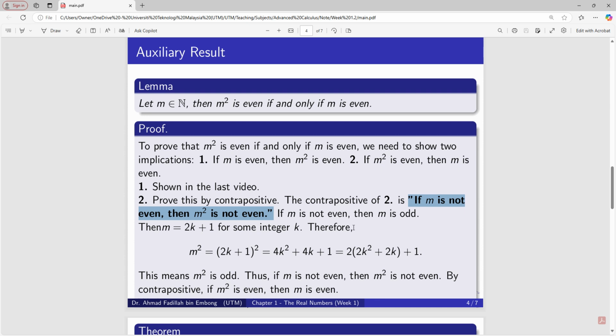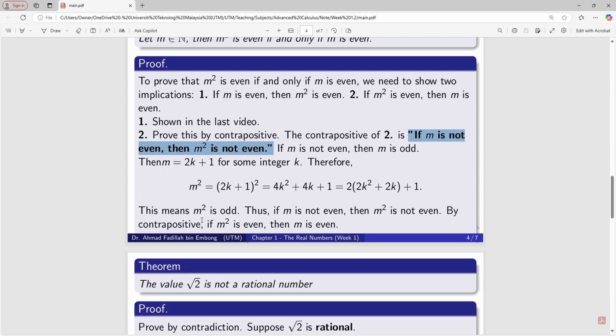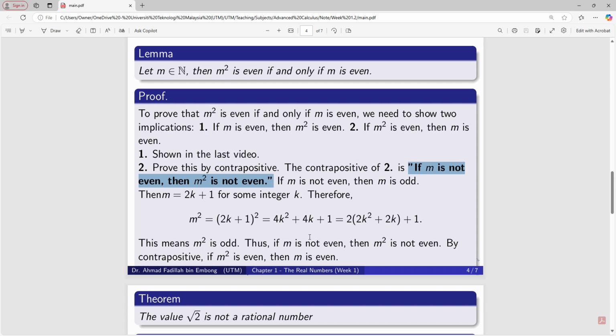When we say that m is odd, m can be written as 2k plus 1 for some integer k. Therefore, taking the square of 2k plus 1 and rearranging like this, we get something like that. So we have 2 multiplied by some number plus 1. Of course, 2 multiplied by some number is going to be an even number, plus 1 is going to be odd. So m squared is odd. So we already proved the statement that we want. We started from m is not even.